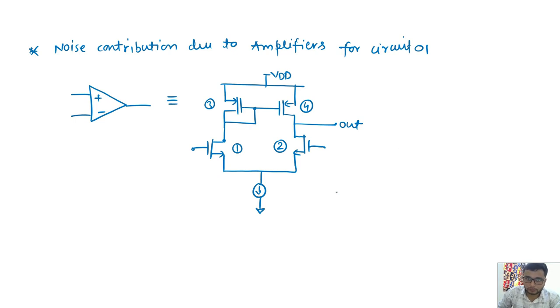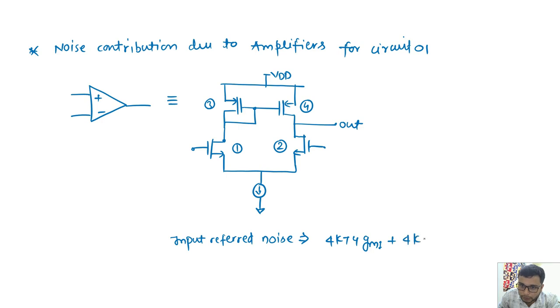Input referred noise for the amplifier is what? Due to any one transistor of this input pair, it is 4 kT gamma gm of input pair devices, gm1 plus 4 kT gamma gm2. This is due to the input pair.